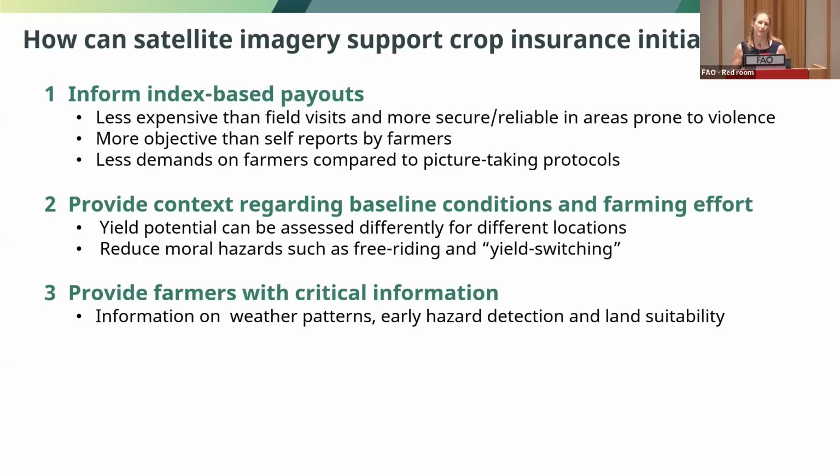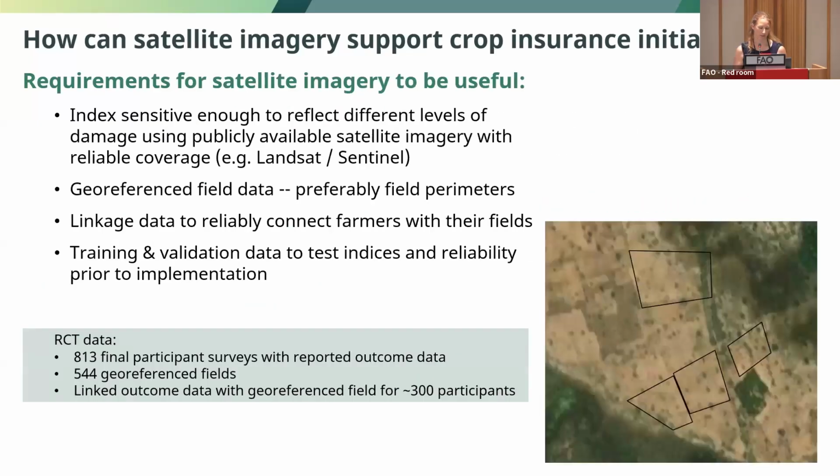If you're expecting to get a payout, you might work a little less. And so we can monitor the field across time to control for those things. And finally, remote sensing data can provide critical information to farmers, so they themselves can decide whether or not they want to participate based on more information, or they can reduce their damages regardless.